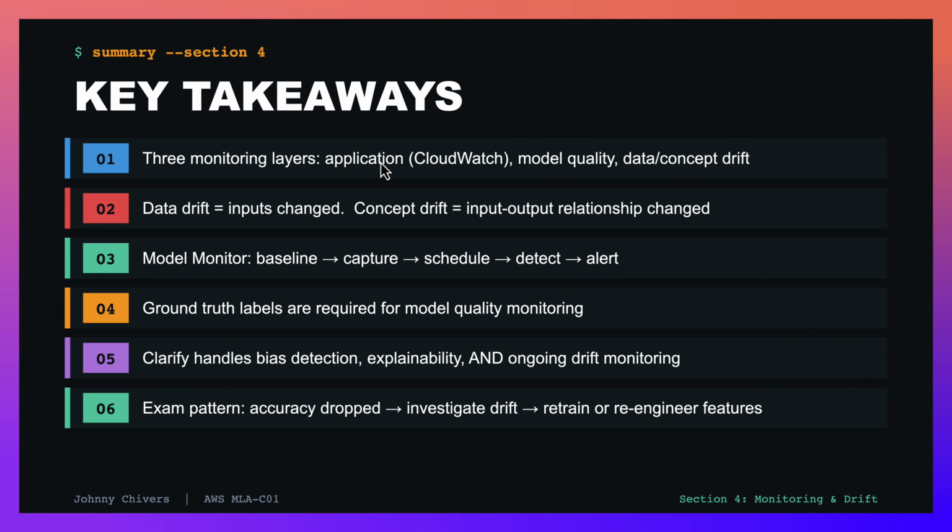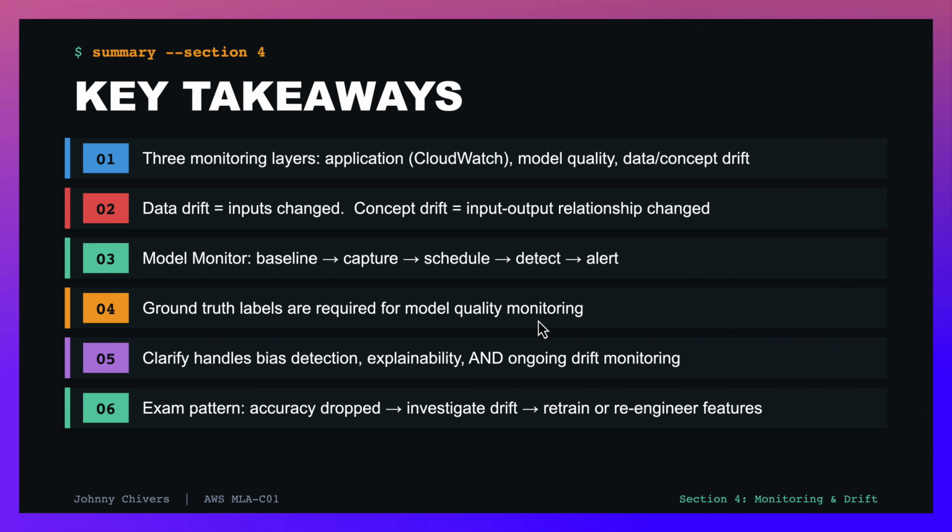So there are three monitoring layers: application, model quality, and data/concept drift. Data drift is where the inputs change. Concept drift is where the input and output relationship has changed. Model monitoring on SageMaker is where you do baseline, you capture, you schedule, you detect the drift from the baseline, and you alert. Ground truth labels are required for model quality monitoring.